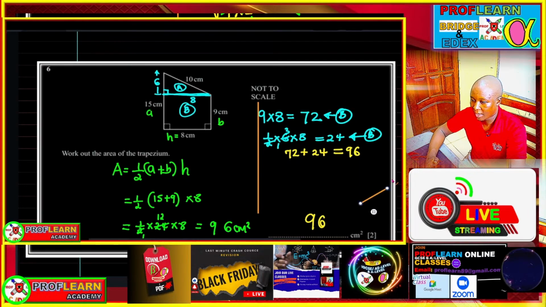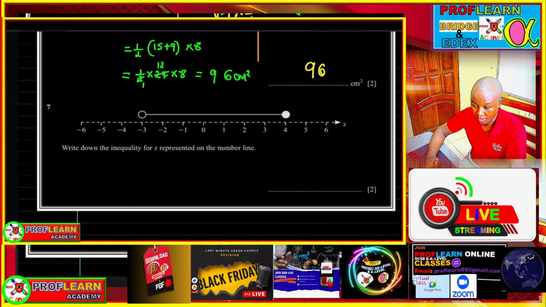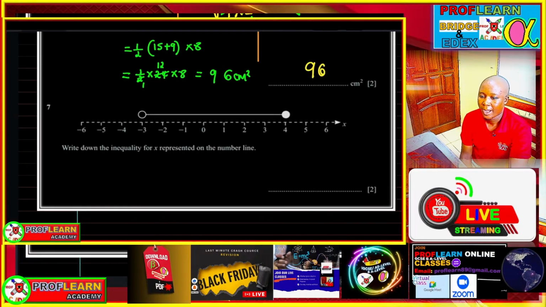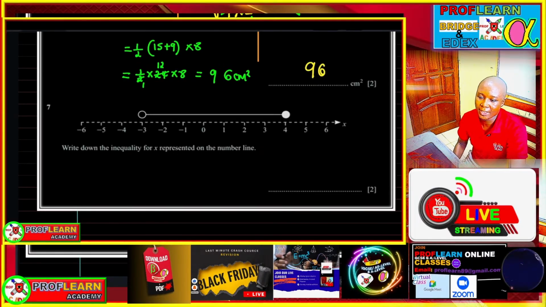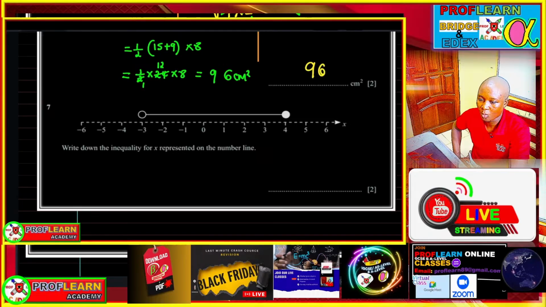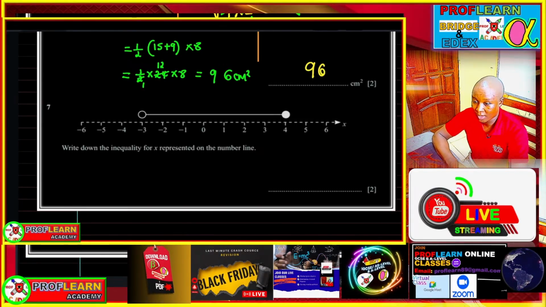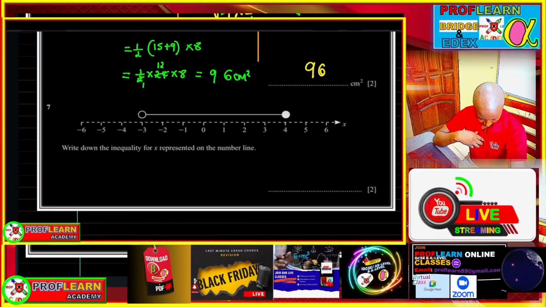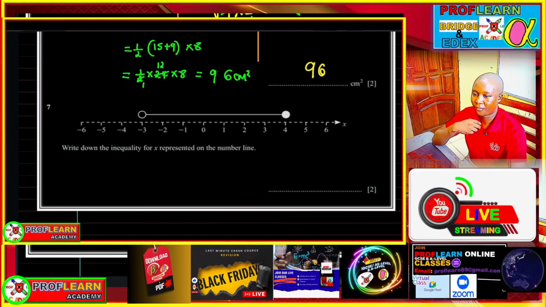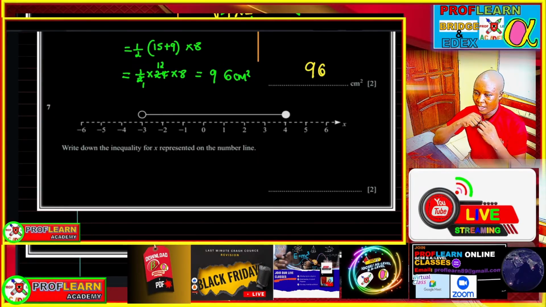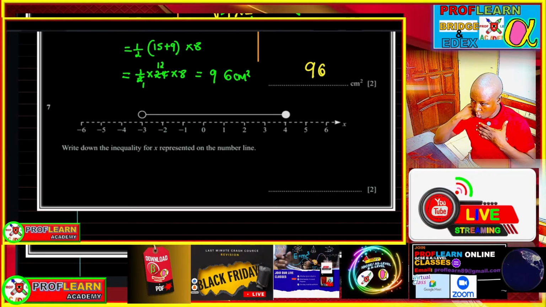Moving further, so that we can see another question that was asked, the question about inequalities. Students were given a number line and they were supposed to write down the inequality X represented on the number line. Now, to do this, you need to remember that whenever you have a point shaded, you have to say equals to.